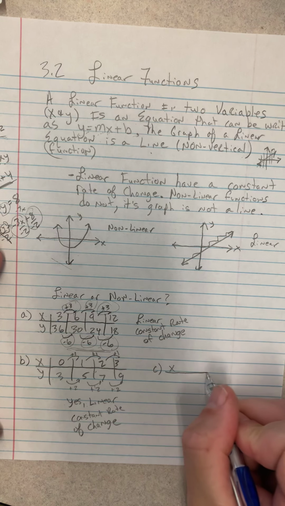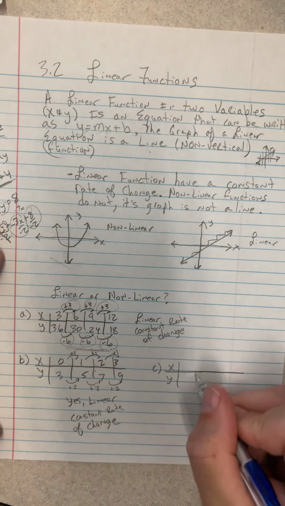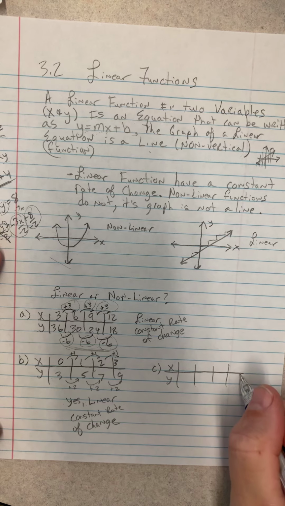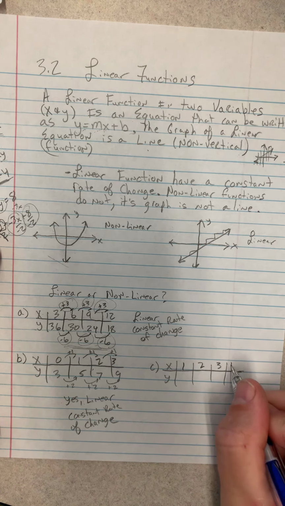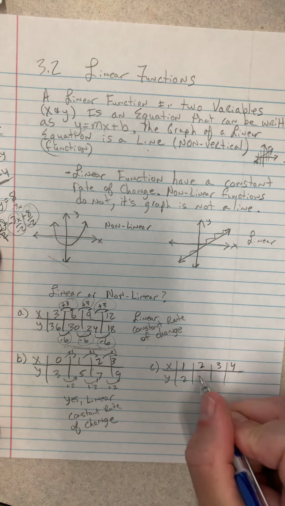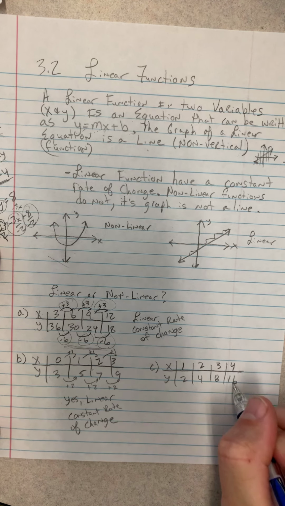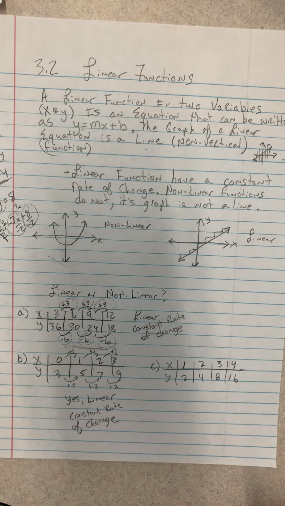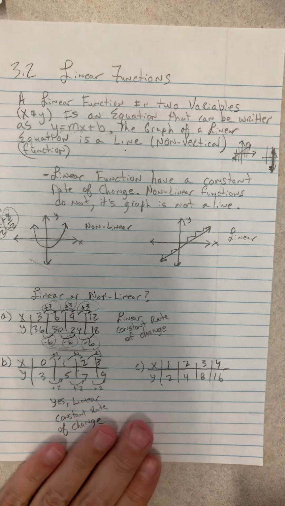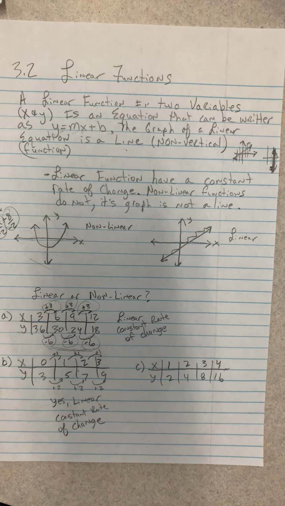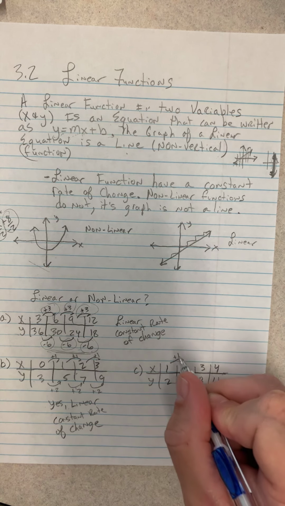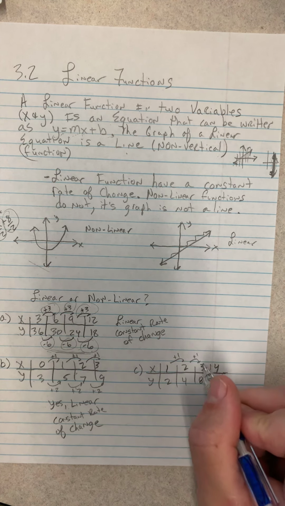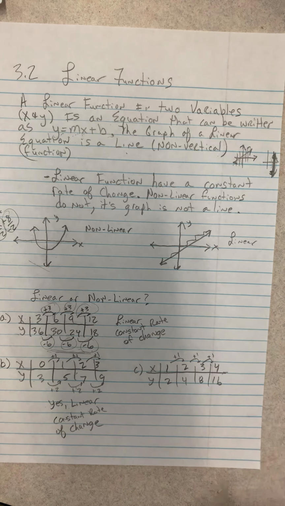One more. x is 1, 2, 3, 4 and y is 2, 4, 8, 16. Again, the question is, is this a linear or nonlinear function? Well, my rate of change in my x, I'm adding 1, plus 1, plus 1.